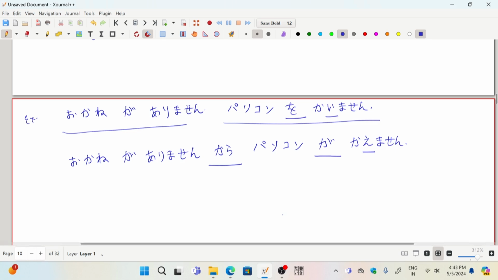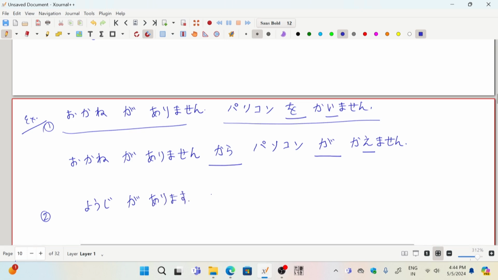So this is one example. We can take another example: I am busy, I cannot come tomorrow. I have some work. So yoji ga arimasu. Yoji is some work. Ashita wa kimasen. I will not come.